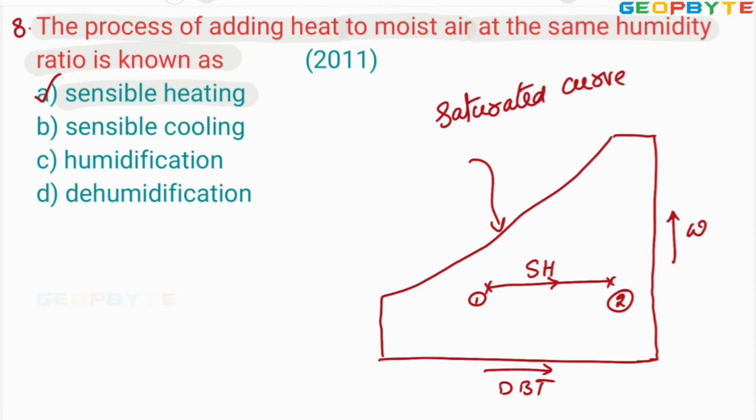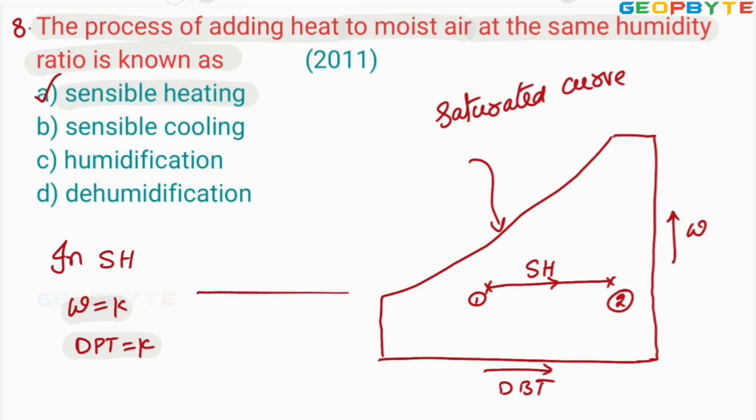During the sensible heating process, specific humidity remains constant, and dew point temperature also remains constant. As long as the specific humidity is constant, dew point temperature also remains constant, because the horizontal line in the psychrometric chart gives the two values like this.